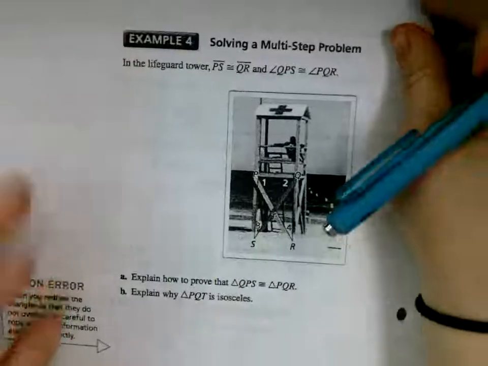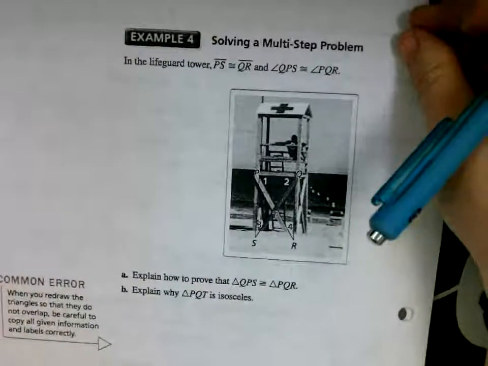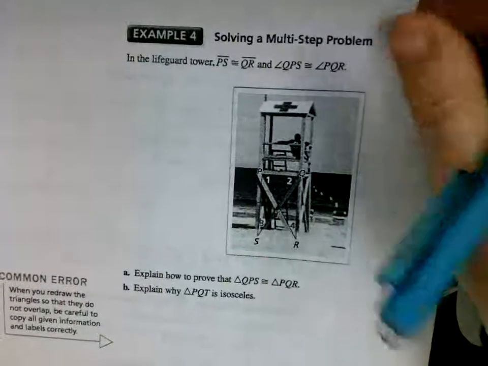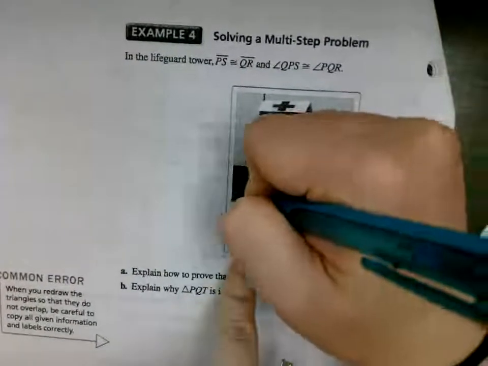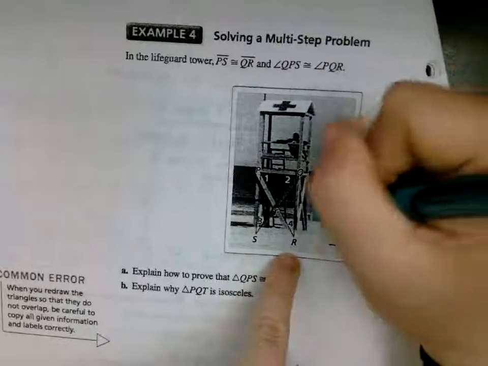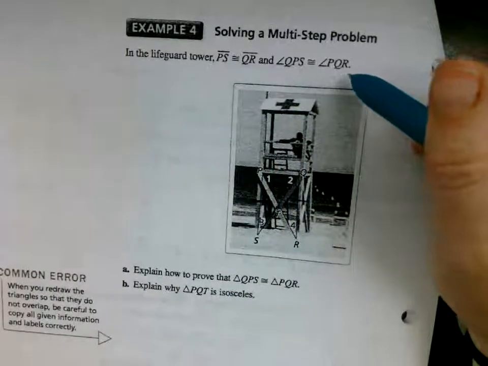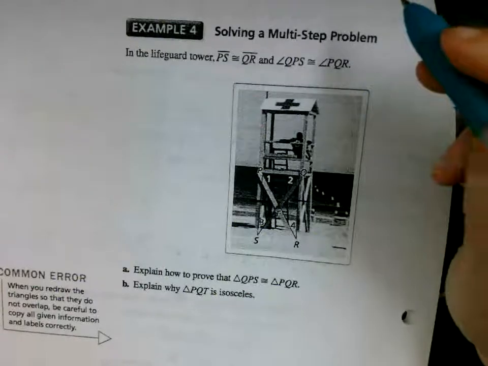Example 4, solving a multi-step problem. So the lifeguard tower segment PS is congruent to segment QR. So P to S is right here, is congruent to QR. And angle QPS is congruent to angle QPR.